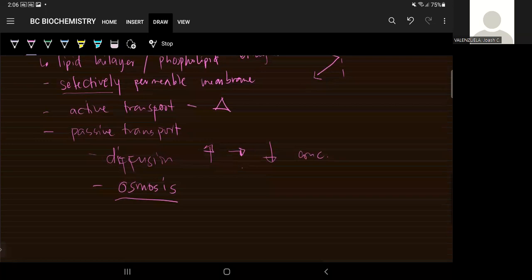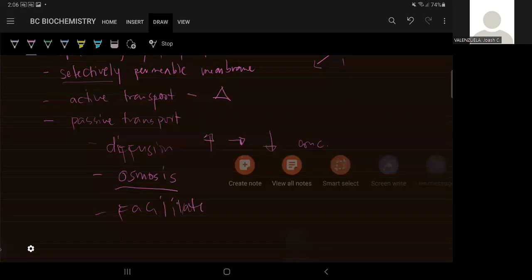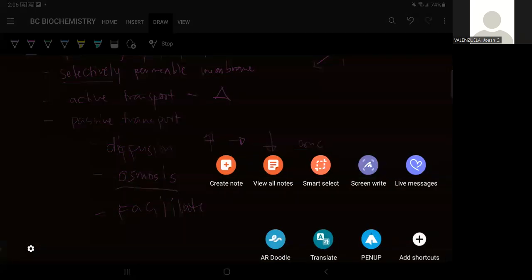Then we have active as well. So those are types of transport. Meron bang isa? Meron din tayong tinatawag na facilitated diffusion, sir. Mali na pong spelling, guys. Facilitated diffusion. Yes. Facilitated diffusion. So yun yung mga types of passive transport natin.